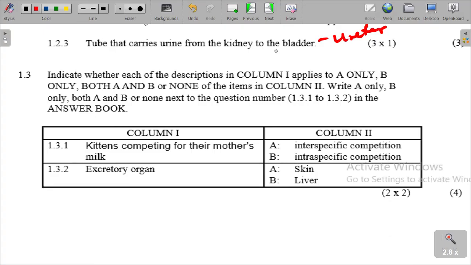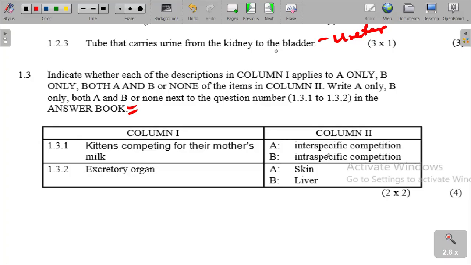And then question 1.3 is saying, indicate whether each of the following applies to A, B, or both, as shown in this question above. Kittens competing for their mother's milk. When kittens compete for their mother's milk, is it interspecific competition or intraspecific competition?